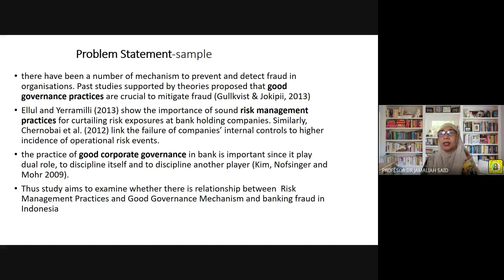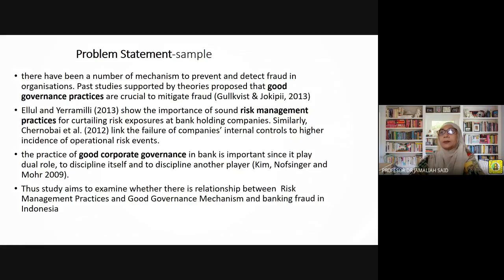In this study, she wants to focus on three items: good governance practice, risk management practice, and internal control system. To her, these three factors will be able to mitigate banking fraud. But the justification of these three variables needs to be explained from the lens of a theory. That will make the problem statement stronger.